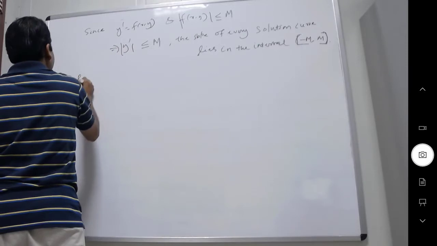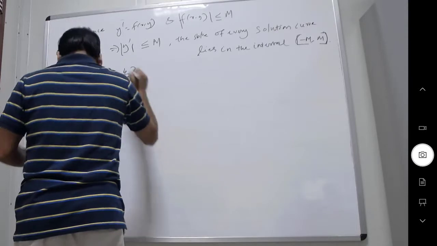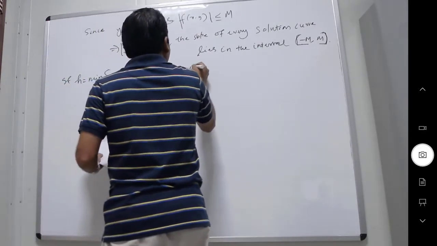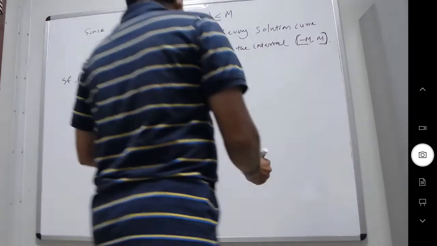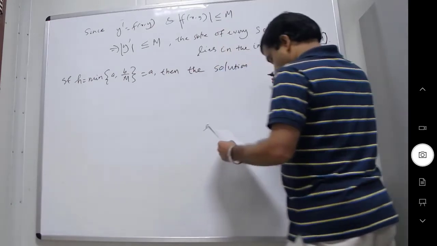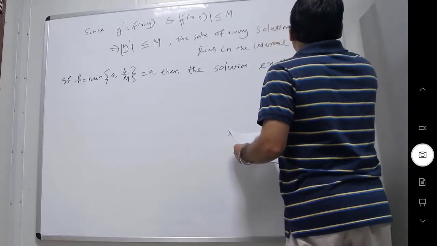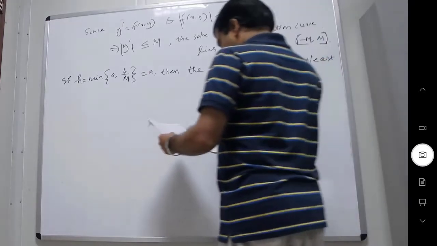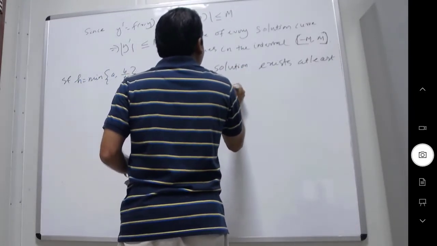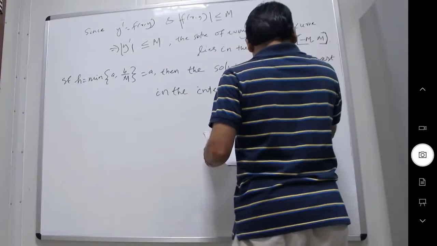If h, which is the minimum of a comma b by M, equals a, then the solution exists at least in the interval, according to the theorem, mod x minus x naught less than equal to a.